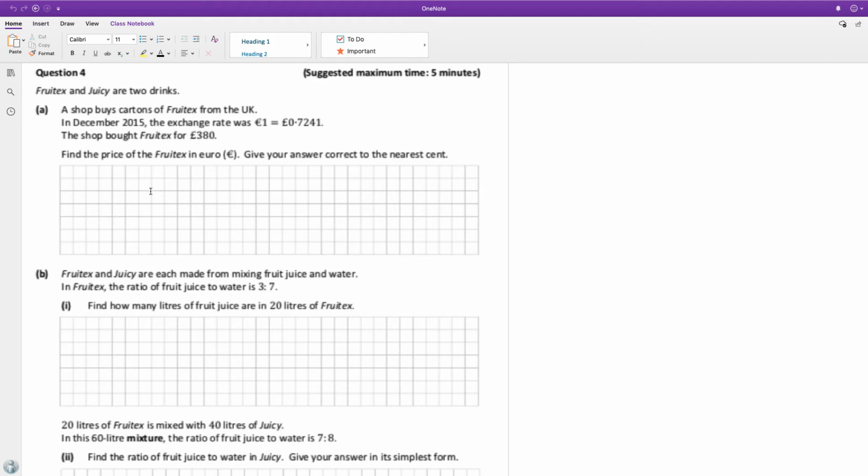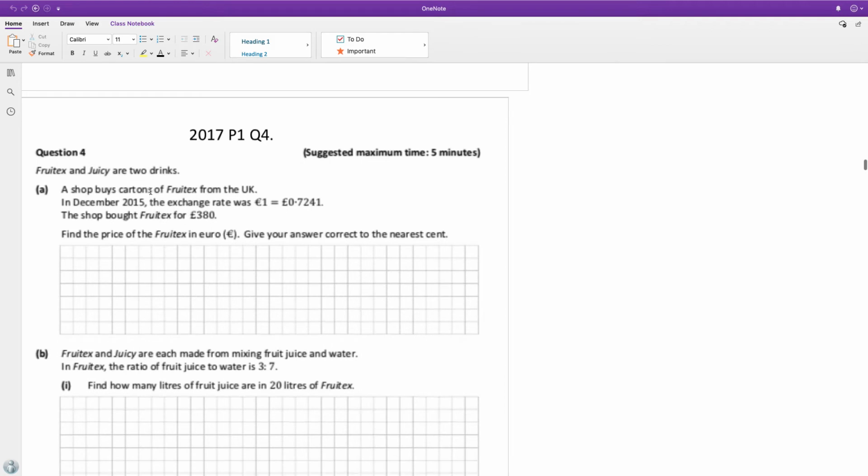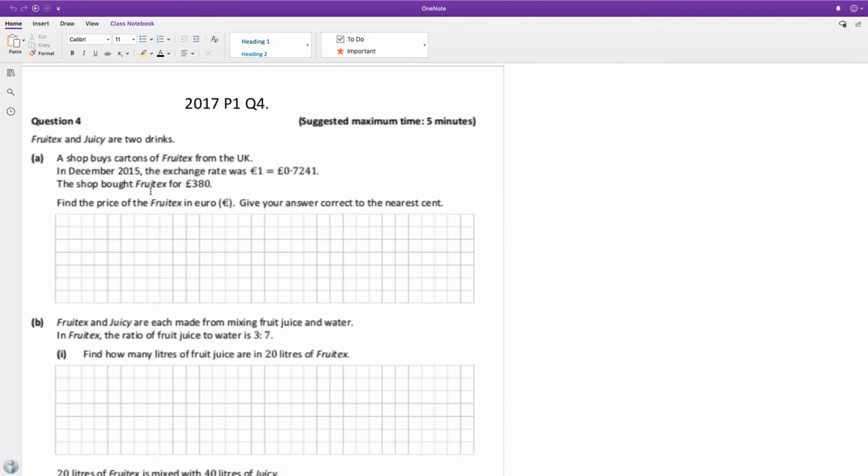Right, have a go at this question. This is a bit on last week and a bit of stuff we did, a 2017 Paper 1 question.